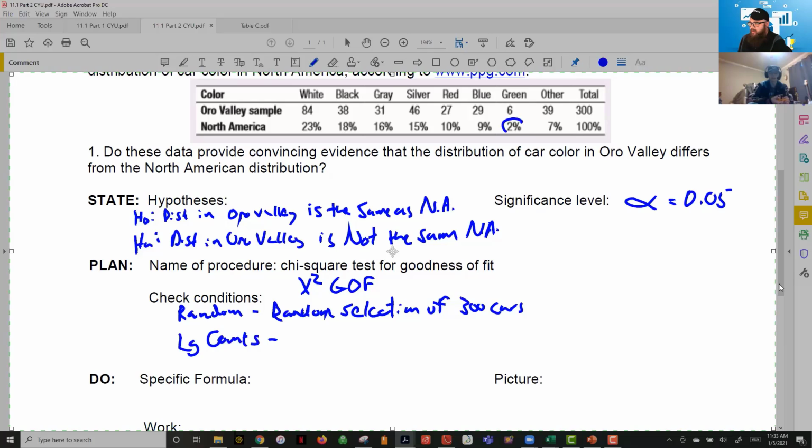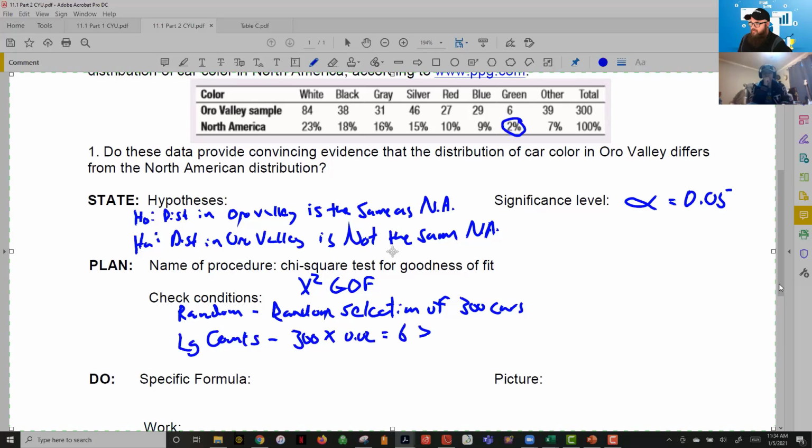If you do the math in your head, it should be equal to 6. If we sit here and say we've got 300 times 0.02, you should see that gives you a value of 6, right?